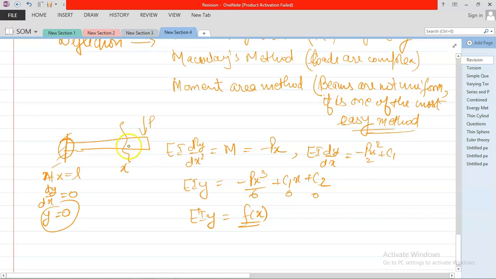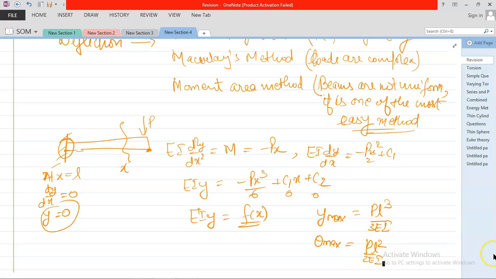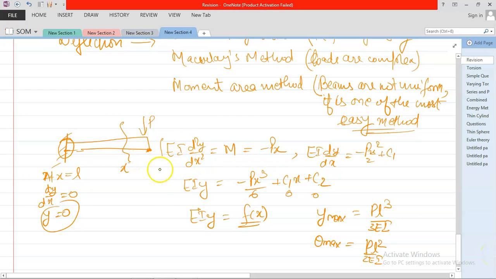The maximum deflection occurs at the free end. Y max, you need to remember, is PL cube upon 3EI. The maximum slope occurs at the free end, and that is PL square upon 2EI. So with double integration you need to find the constants.